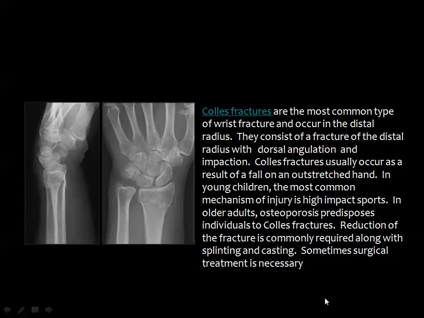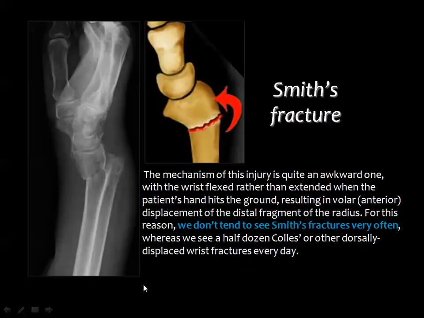And this is an example of Colles fracture in the distal part of the radius with dorsal displacement of the distal fragment and the volar angulation, which is one of the classic deformities of Colles fracture.